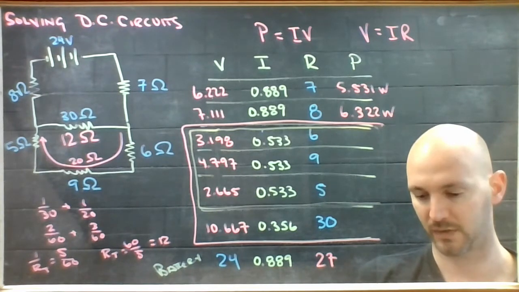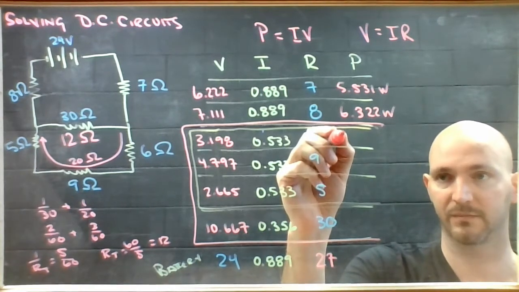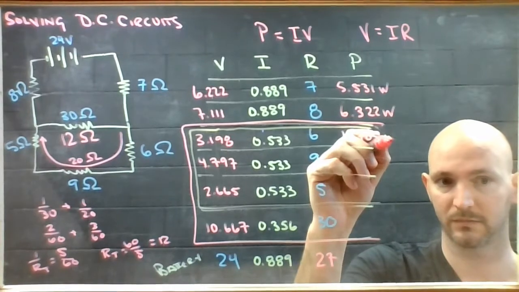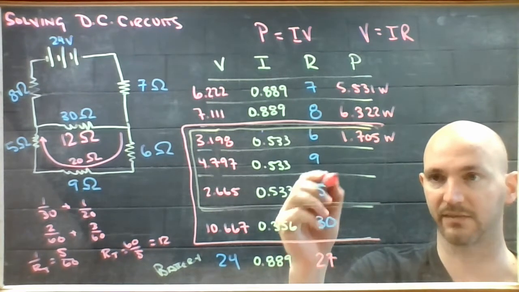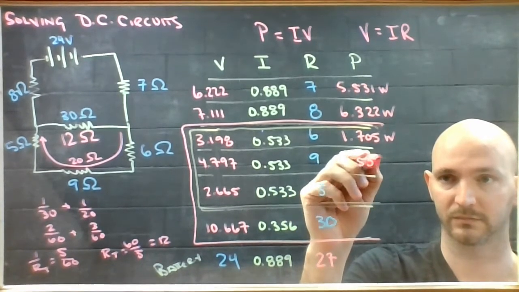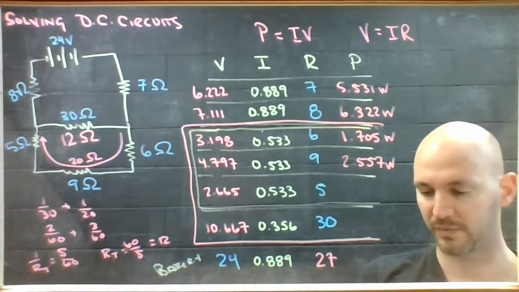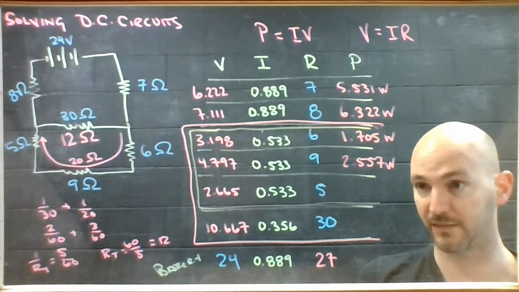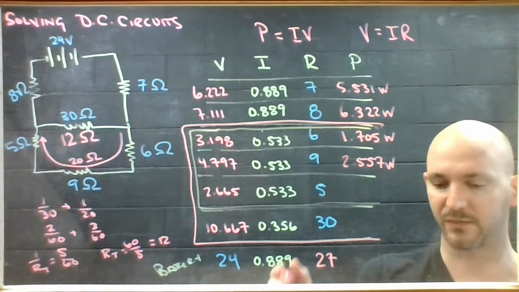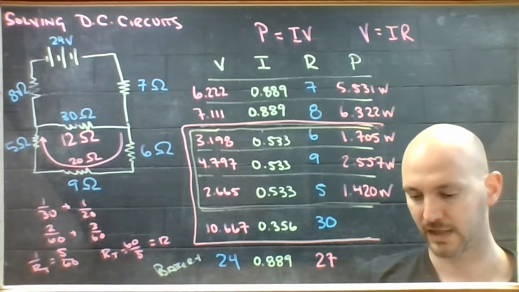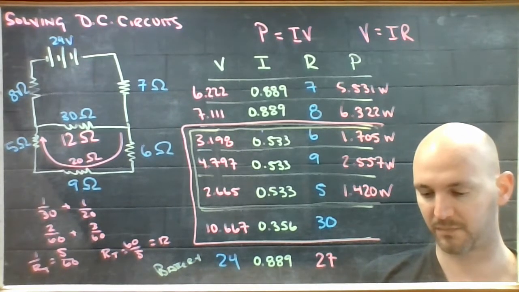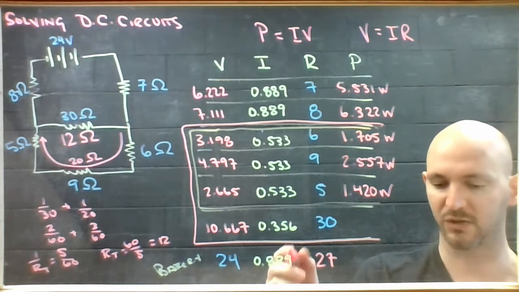0.198 multiplied by 0.533 gives me 1.705. 4.797 times 0.533 gives me 2.557. 2.665 times 0.533 gives me 1.420. 10.667 times 0.356 gives me 0.593.